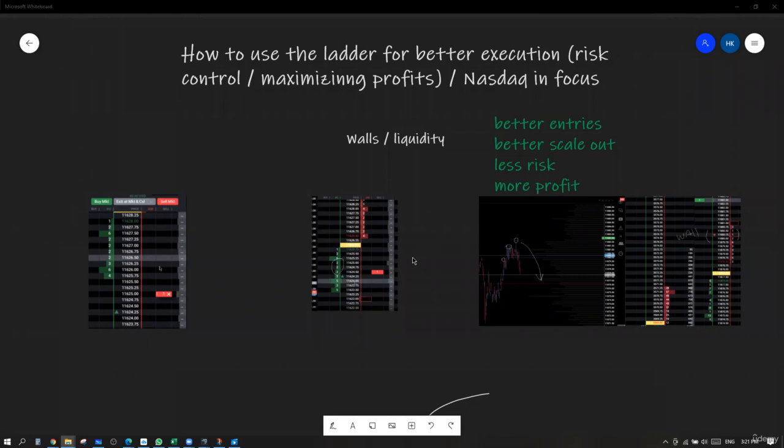The same idea applies to many products, but not with the same behavior. The basics are the same, but the behavior is slightly different from one product to another. I'm focused here on the NASDAQ because it's the easiest to read, and it's the thinnest market among all indices in futures. Today we will talk about walls, liquidity, and round numbers.